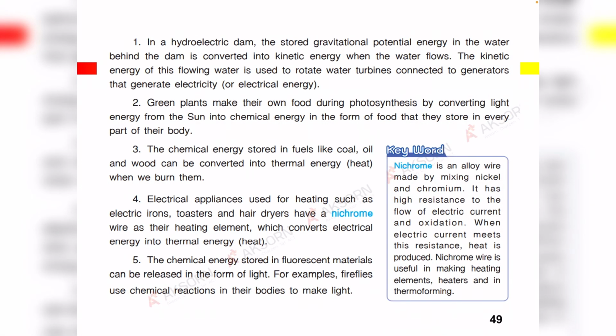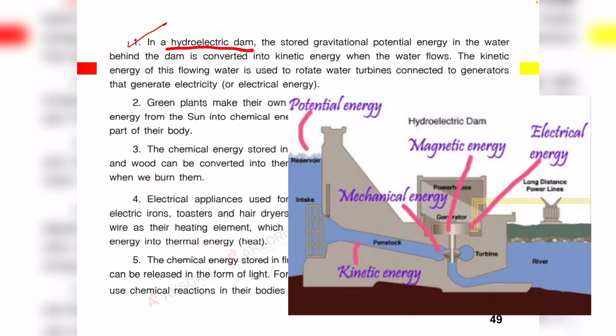Now, in the next slide, you could see the different transformations of energy in some of the activities that happen in our day-to-day life. So first is what we call the hydroelectric dam. The stored gravitational potential energy in the water behind the dam is converted to kinetic energy.